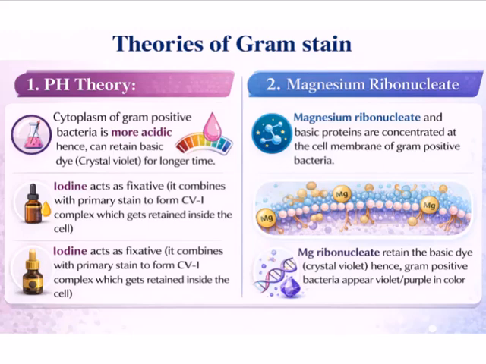During staining, crystal violet binds tightly to magnesium ribonucleate. Then, during decolorization, alcohol removes lipids and magnesium RNA from gram-negative bacteria. In gram-positive bacteria, magnesium ribonucleate remains intact and continues to retain the crystal violet iodine complex.